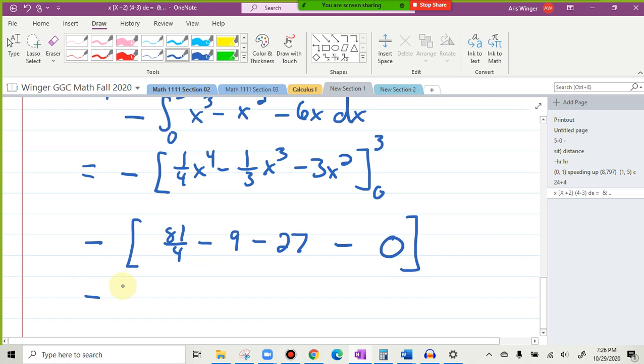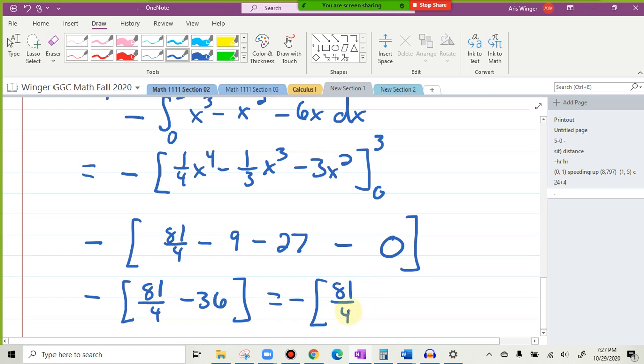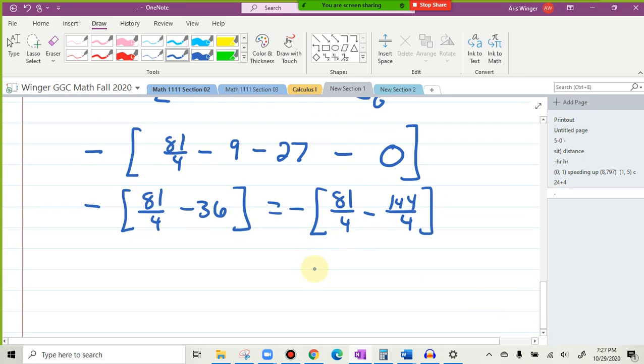So this is minus 81 over 4 minus 36, minus 81 over 4 minus 4 times that, 144 over 4. Yep. And this is equal to negative, and that's negative 63 over 4, which is positive 63 over 4.